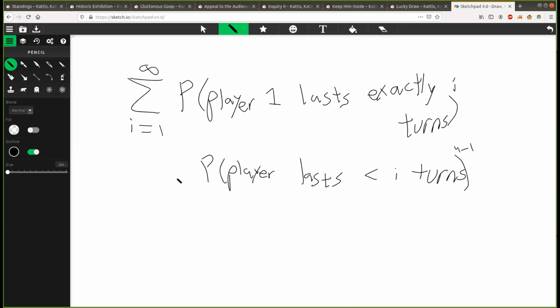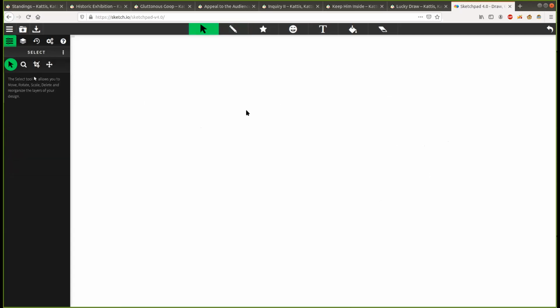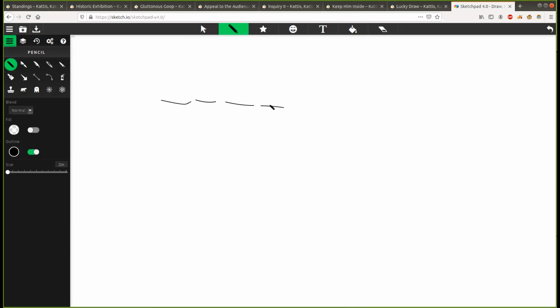So assuming we can compute this infinite sum, then we've really reduced the problem to finding a formula for when a player lasts exactly I turns. And then you can compute less than I turns with a prefix sum on those values. So what's the probability that someone lasts exactly I turns? The ith spot has to be a tails, because they must lose their life on the last turn.